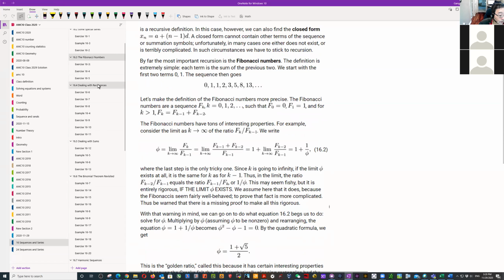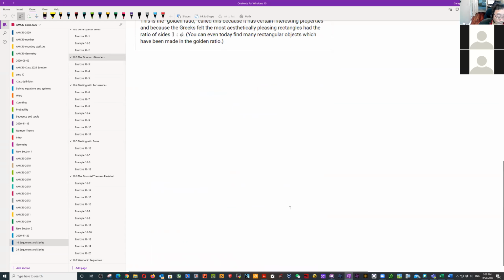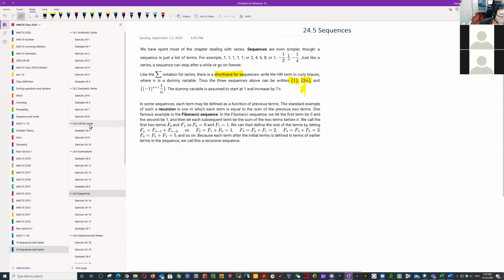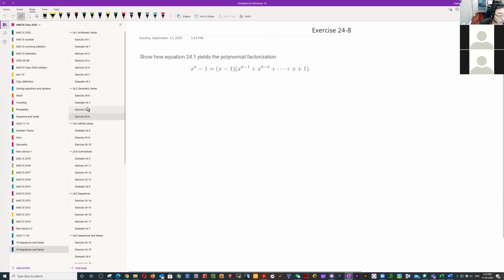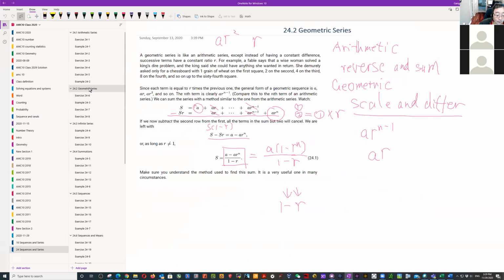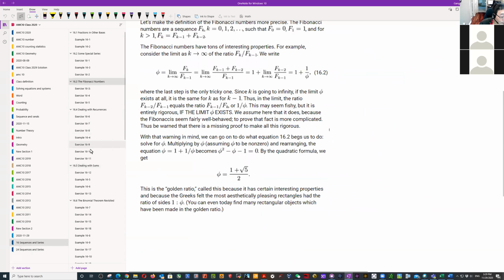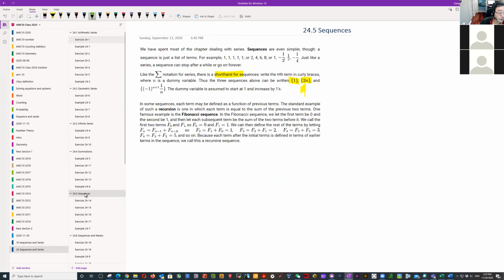Yeah, Fibonacci is just way more complicated, because its closed form like this just has a lot of radicals.